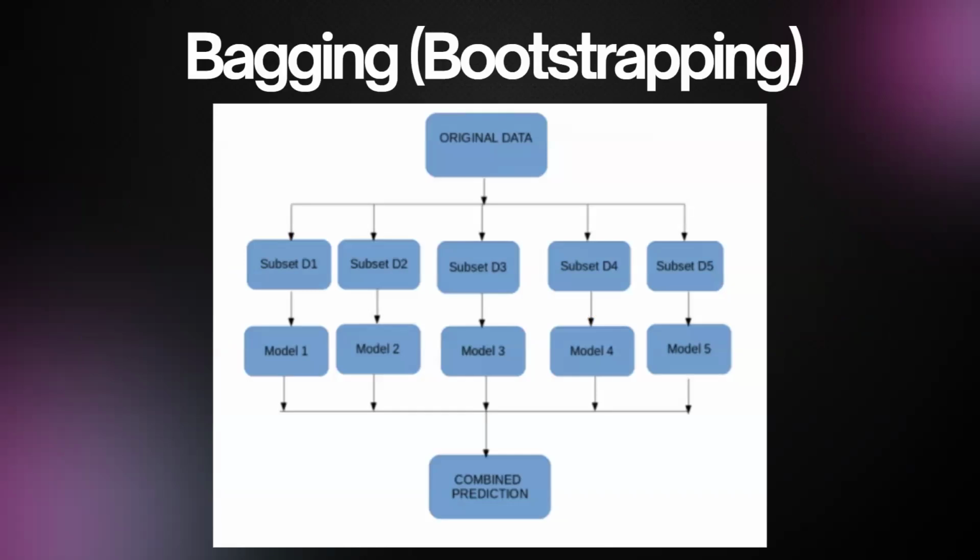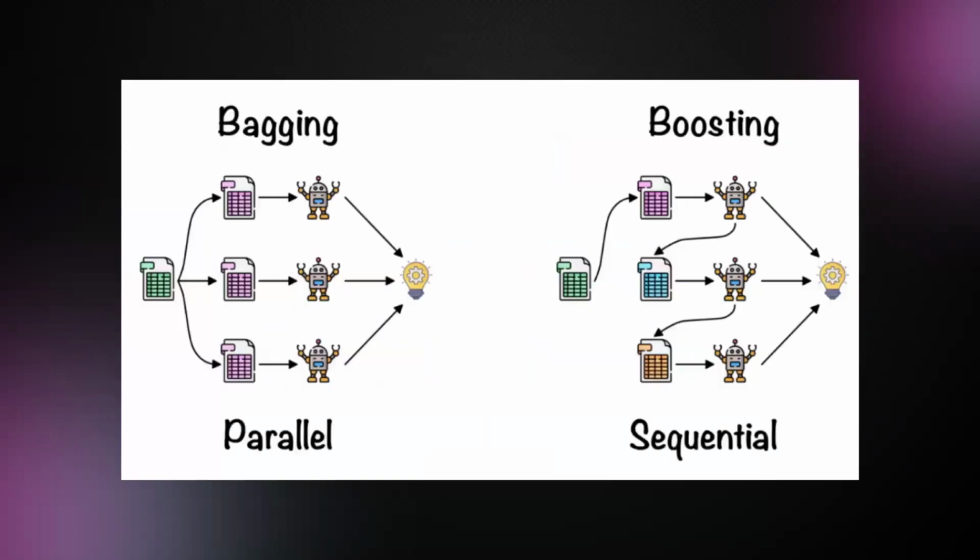So these are different subsets, and different models are built on top of them, and then we get a combined prediction. And this is a better example to show the difference between bagging and boosting. In boosting, we have sequential data where the error of the previous one is corrected by the next one.